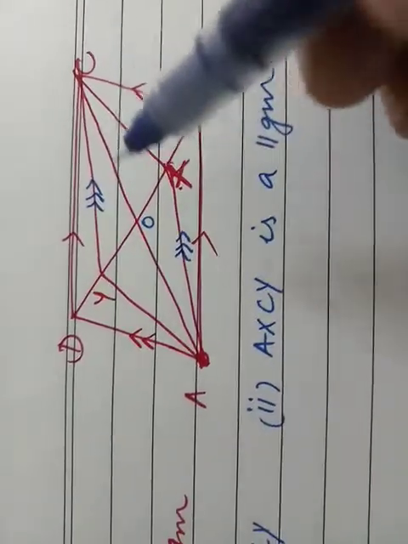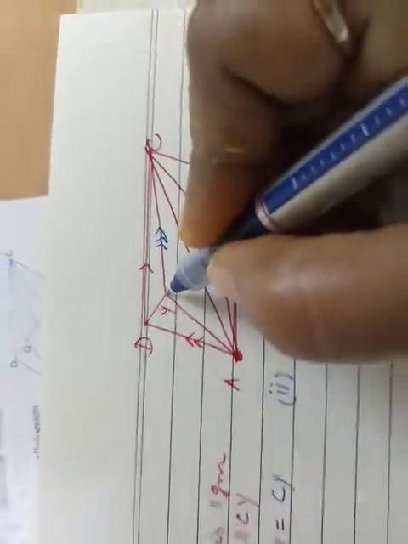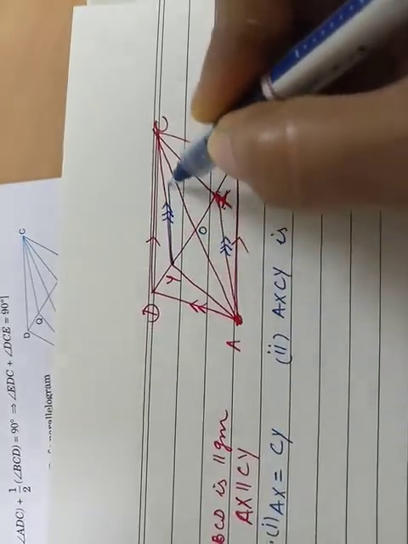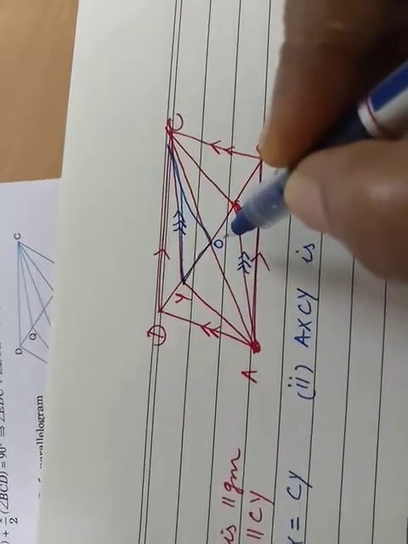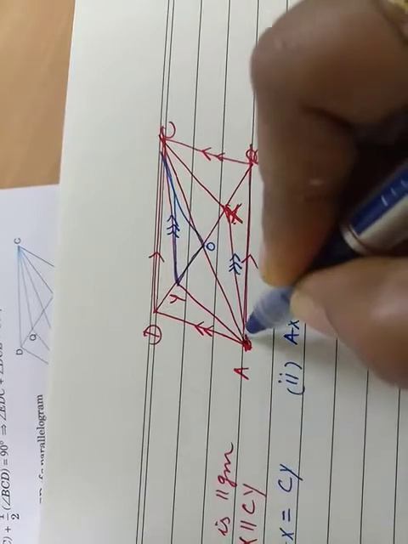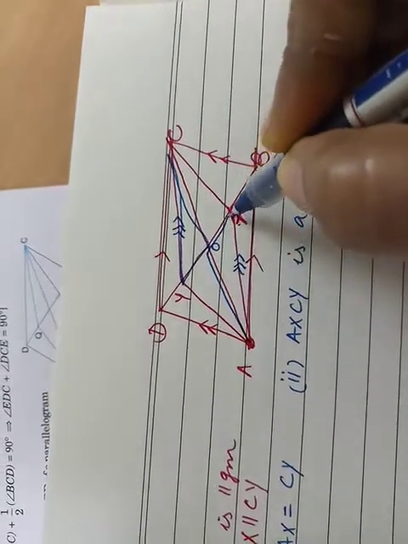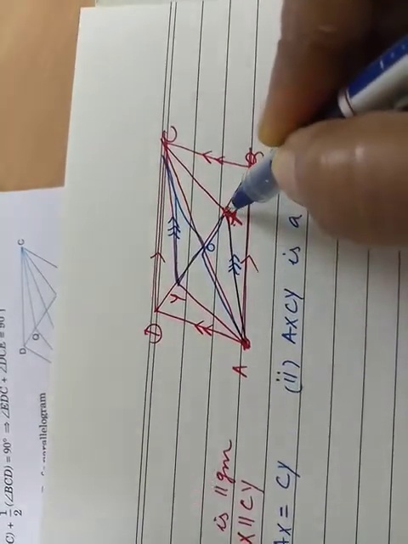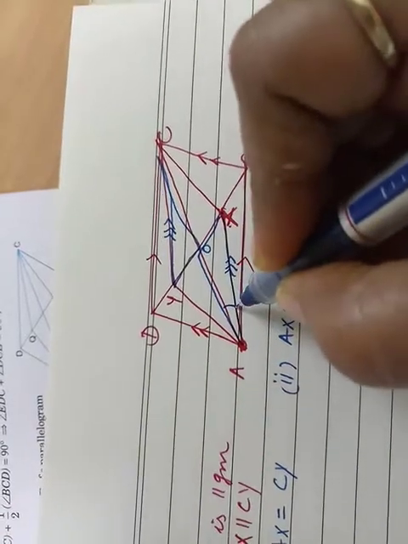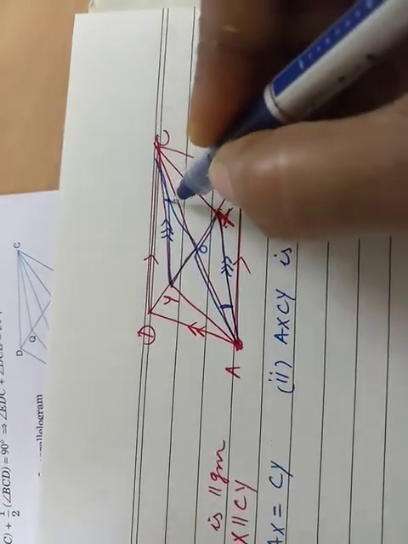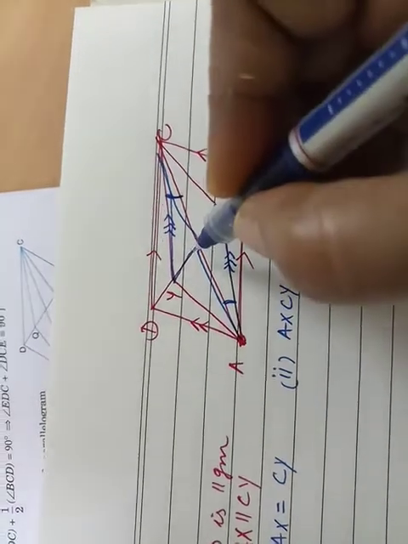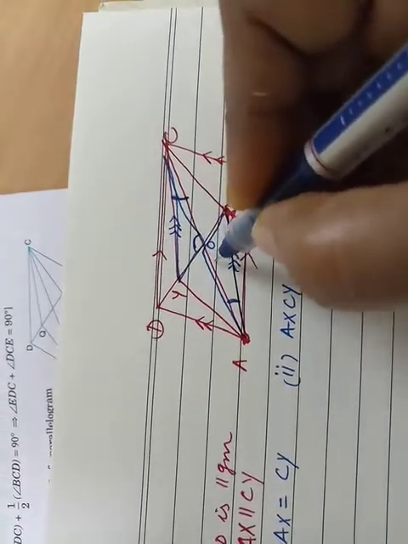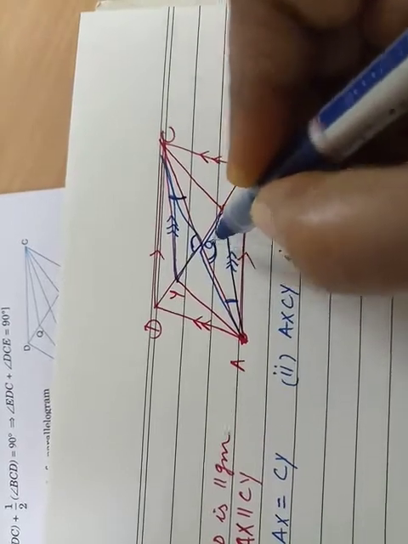See children, for that I am considering these two triangles. I consider triangle CYO. I name the point O where the two diagonals intersect. And AOX. I take these two triangles. This angle is equal to this because the lines are parallel. Alternate interior angles will be equal. These two are vertically opposite angles.